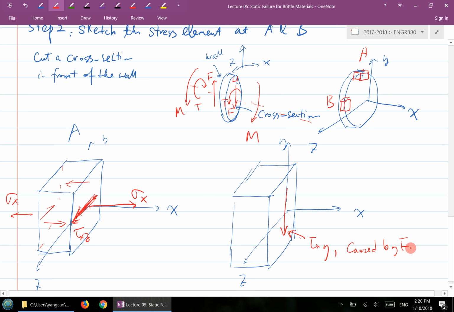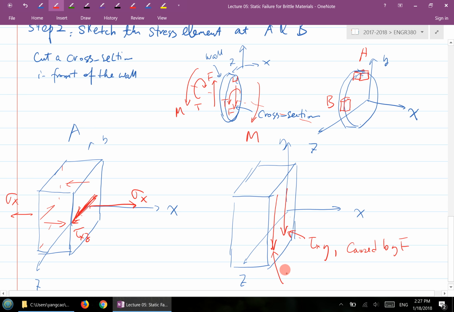And then you have a torque T. The T goes around the center. At the B location, you should have a similar shear stress caused by this torque. And the direction caused by the torque T at the B location, which direction? That's right, the same direction. Good.